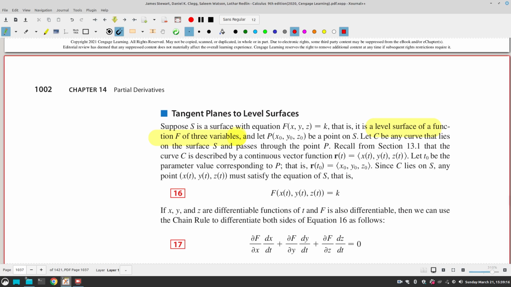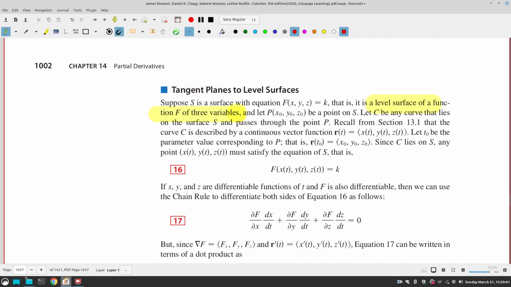And let C be any curve that lies on the surface S and passes through the point P. Remember, we spoke of curves that pass through our point, but back then we were only speaking of curves that move in the x direction and the y direction. Now we're going to deal with curves that move off in any random direction, right?